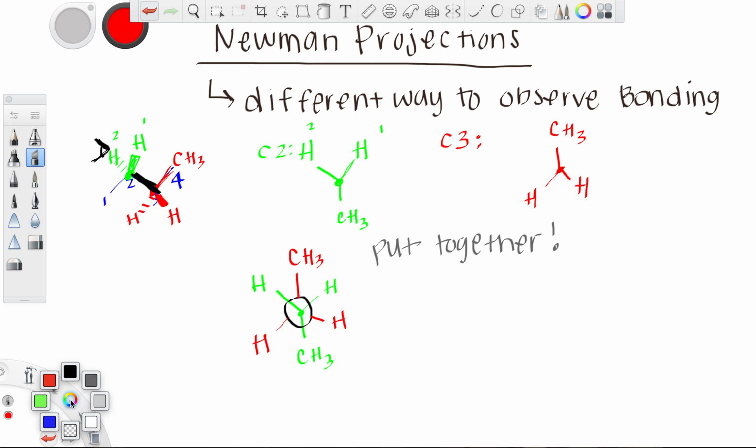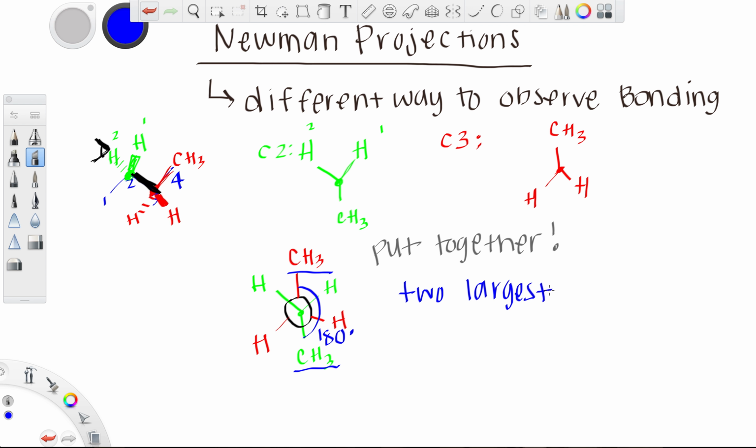Now, I just want to talk to you about some terminology. As you see, the two methyl groups are 180 degrees away from each other. When the two largest substituents are 180 degrees away from each other, that is the most favorable structure.